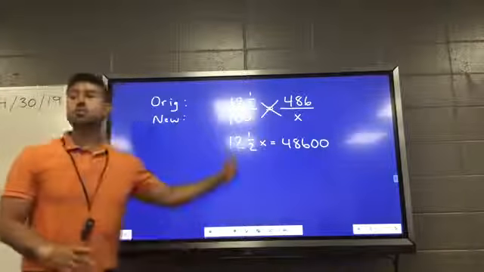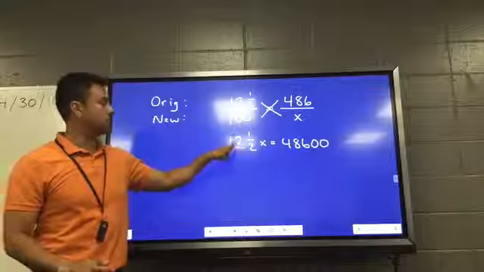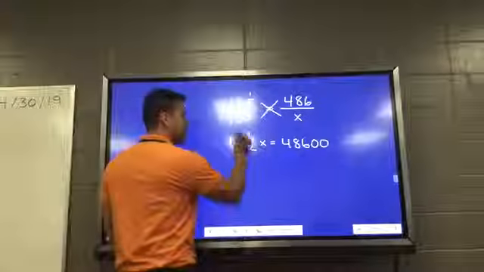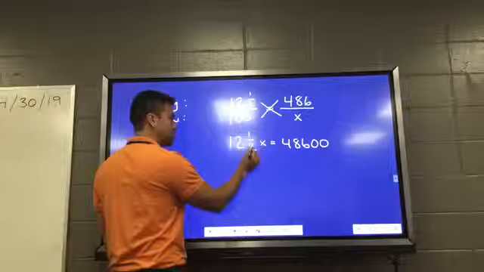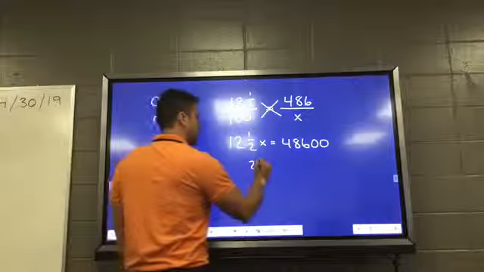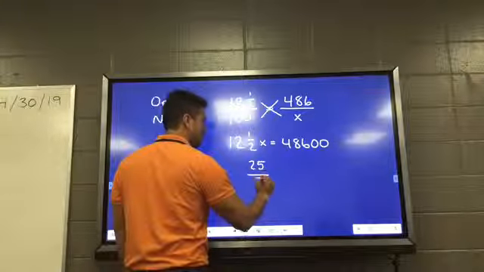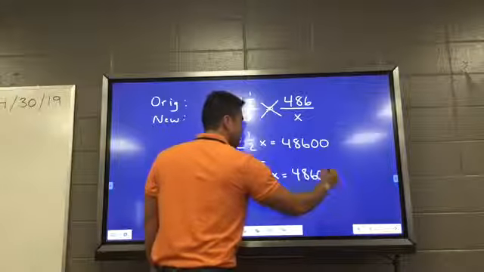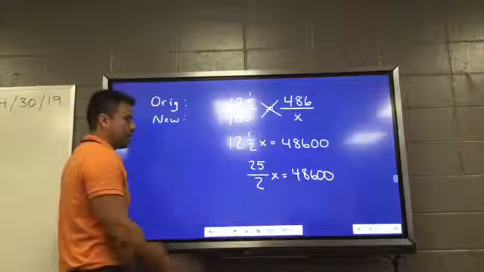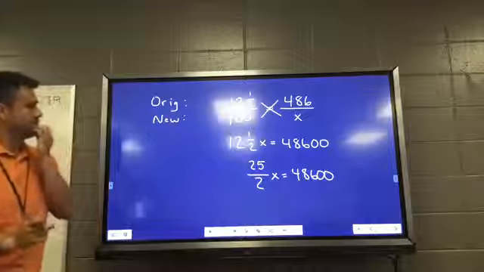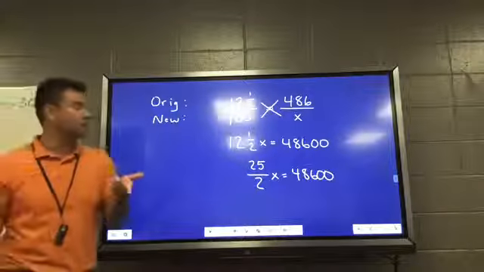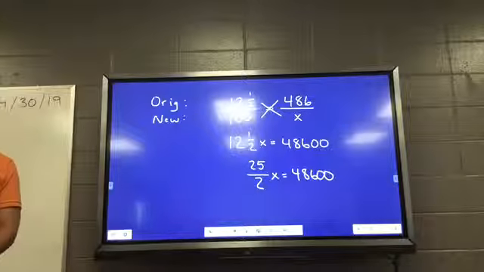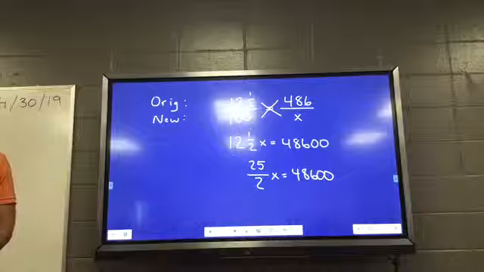Okay, this is what you do with a mixed number that you can't convert to a decimal easily. Convert this into an improper fraction. So I get 25 over 2, x equals. Okay, how do I solve for this? I can divide both sides by 25 halves, or I can multiply both sides by the reciprocal.